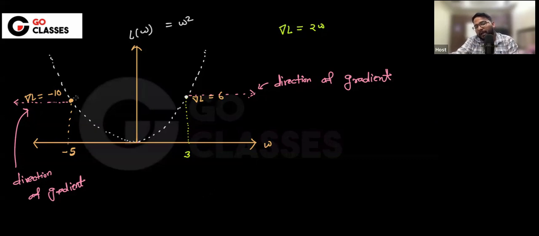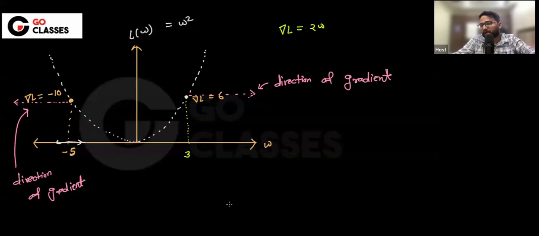So I can't go too far. Obviously, if I go too far, then anything can happen. But if I see the surrounding of -5, just a neighborhood, then if I go left, it is definitely increasing. If I go right, it is decreasing, isn't it? Is this fine to everyone?